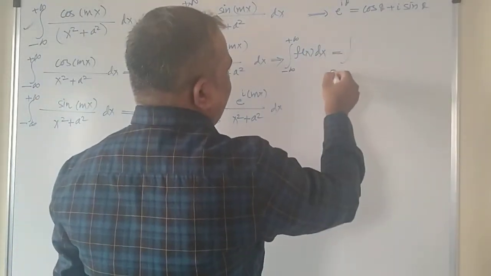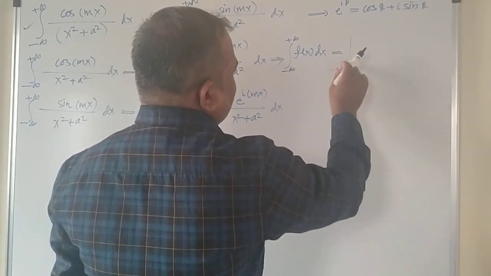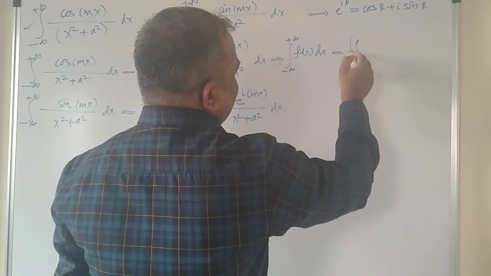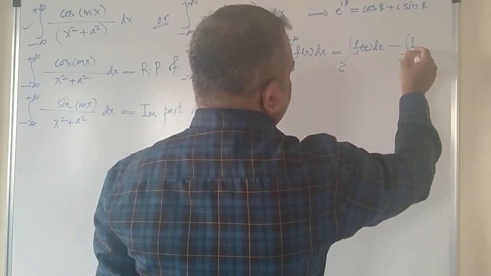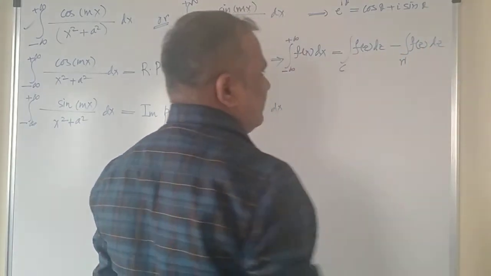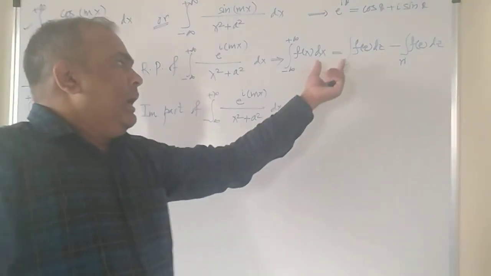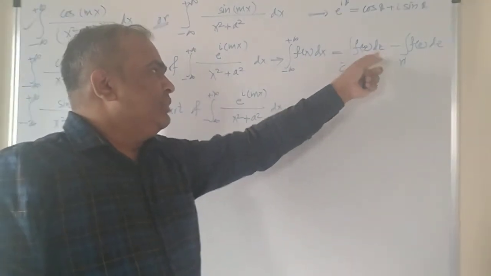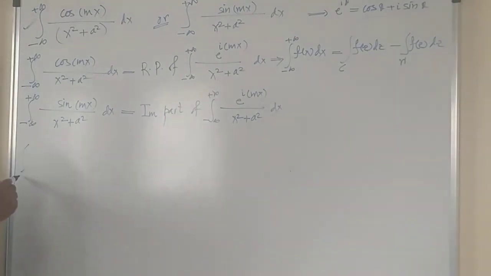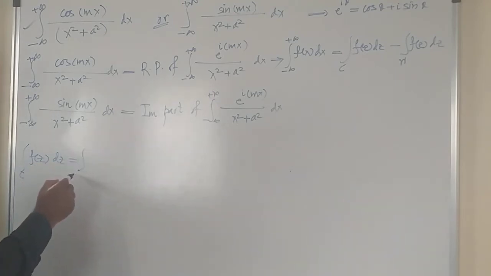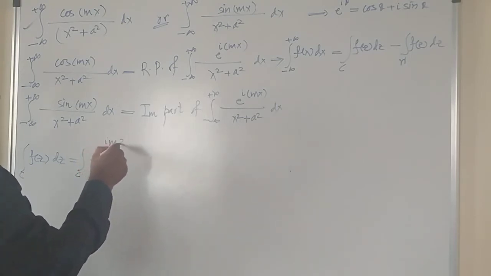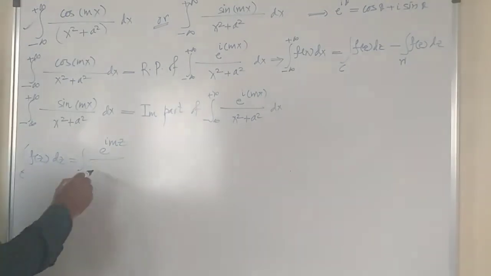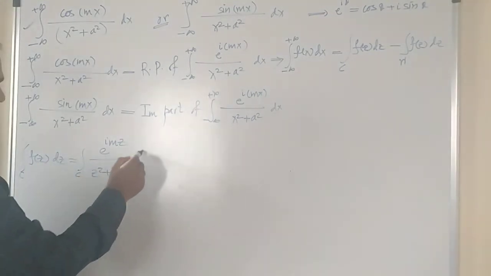This is equal to the integral over the contour C of f(z) dz minus the integral over gamma of f(z) dz. The integral over the contour C of f(z) dz is equal to the integral over the contour C of e raised to i m z, replacing x by z, divided by z square plus a square into dz.